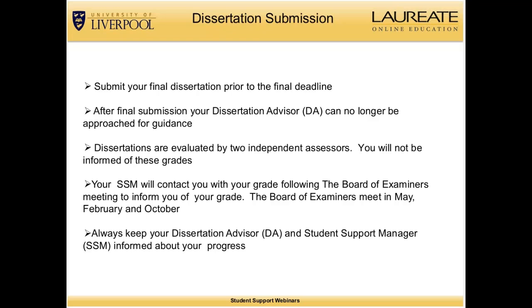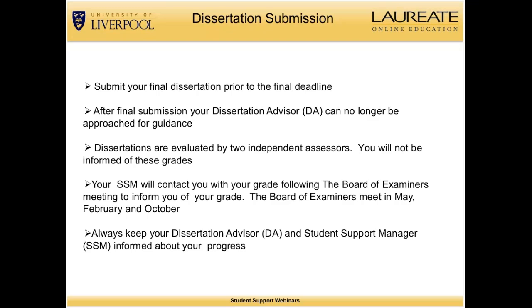Once you've submitted it, your dissertation will be evaluated by 2 independent assessors, and you will not be informed of the 2 independent grades, only of your final grade in the end. And it will take some time before you get to know this grade.